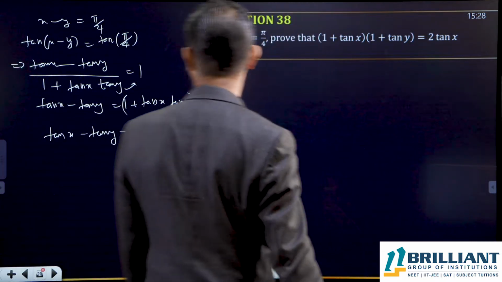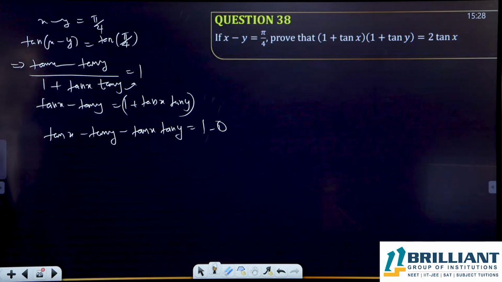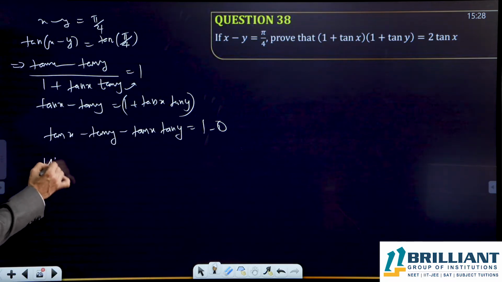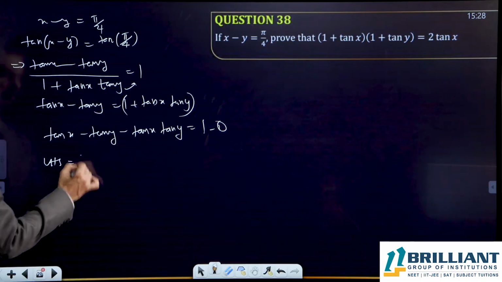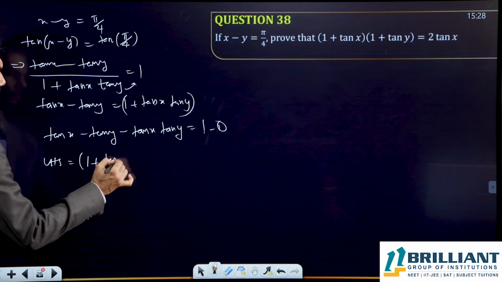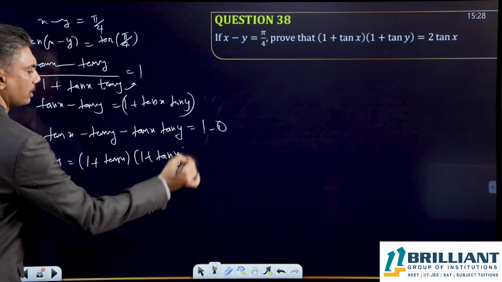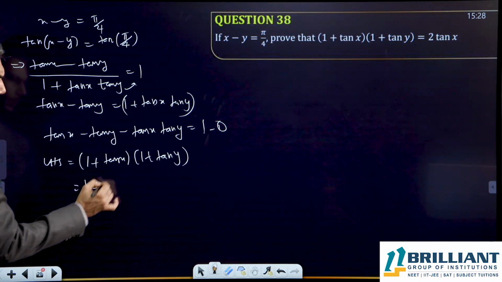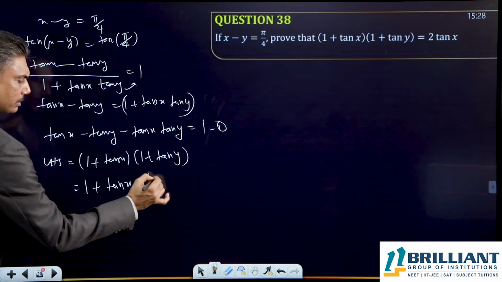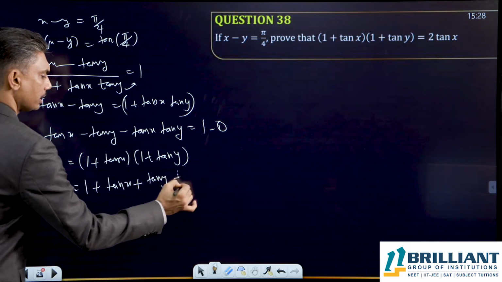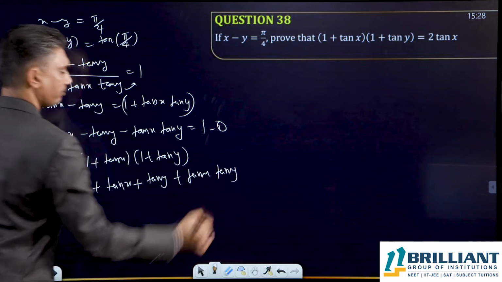Now LHS is equal to 1 plus tan x into 1 plus tan y, multiply out: 1 plus tan x plus tan y plus tan x into tan y.